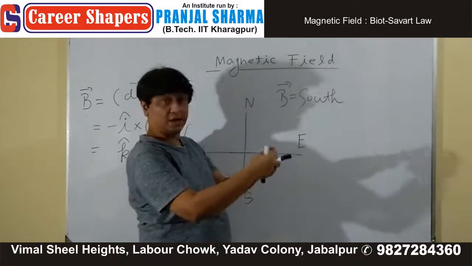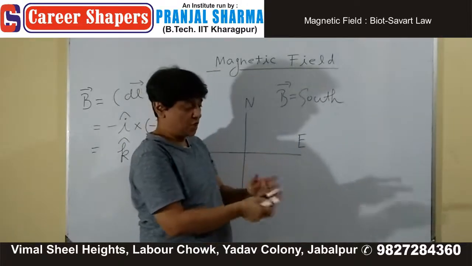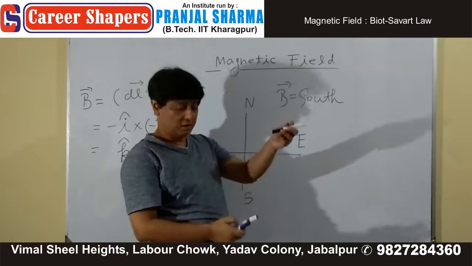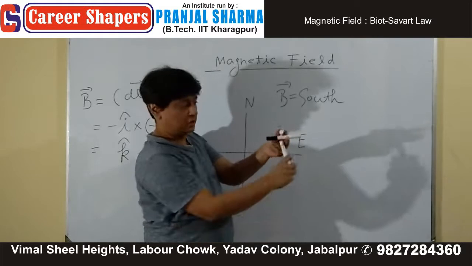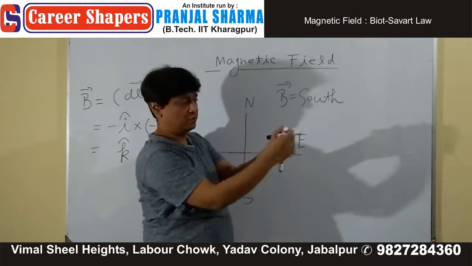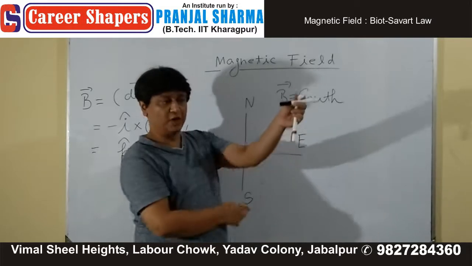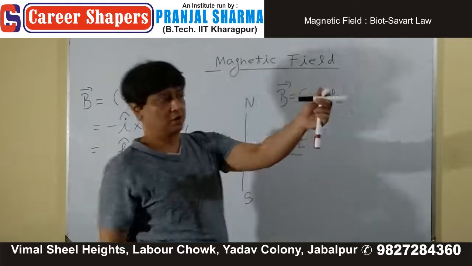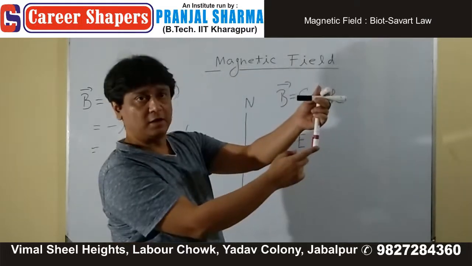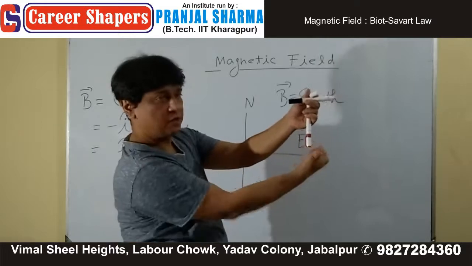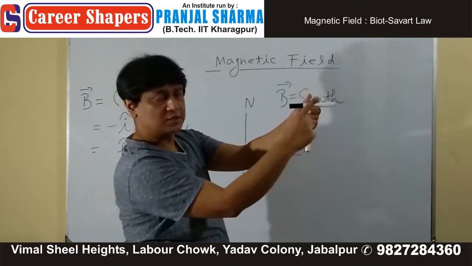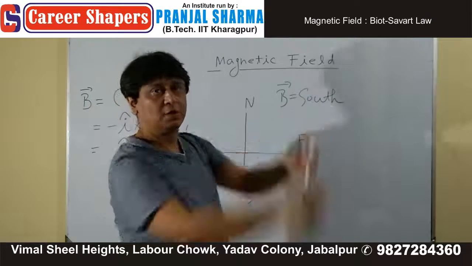In this setup, this is your wire. This was north and south. This was the position for the point where field is required. Right here, field is coming k cap. What is k? This. What is this? South.